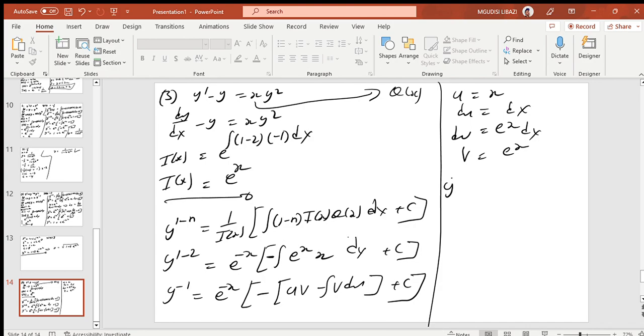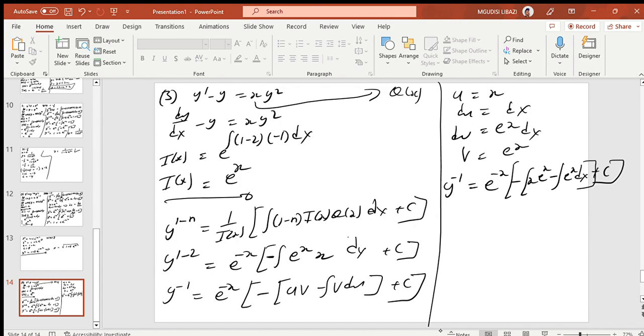So you can have y to the negative 1 equal to e raised to negative x into negative, into u times v, x e raised to x, minus the integral of v, e raised to x dx, of course, plus c. So that is what we have there.